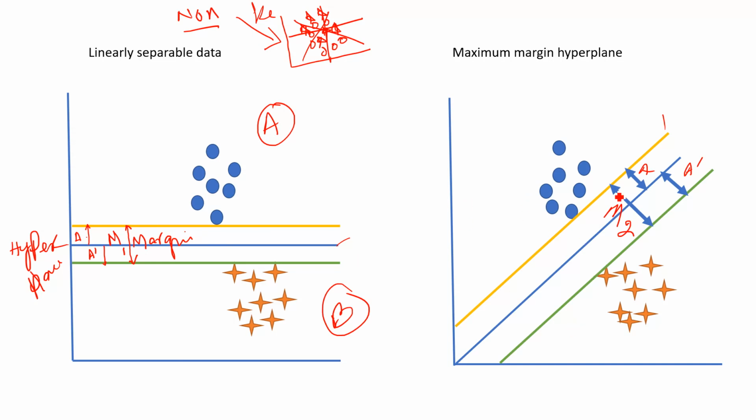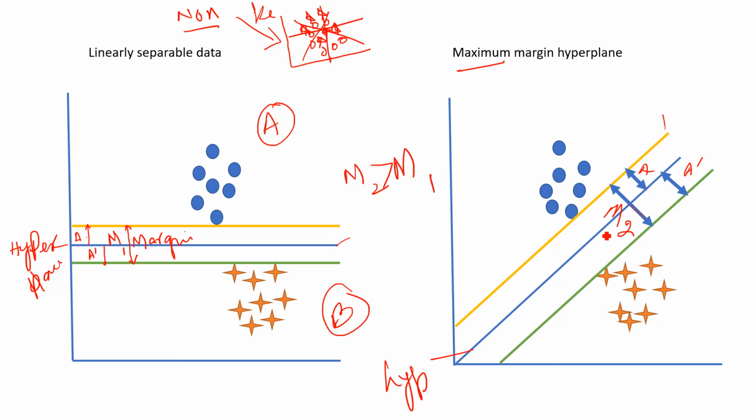Now you have to compare the width of these margins. See, the width of M2 is greater than M1. So you have to consider the hyperplane in which the width is more compared to other hyperplanes. This is called the maximum margin hyperplane.